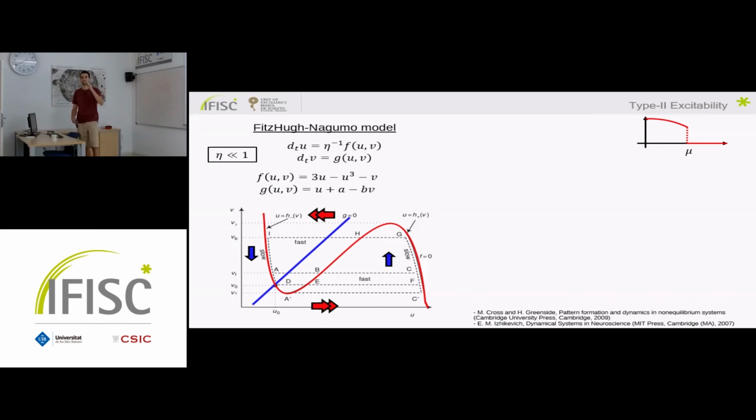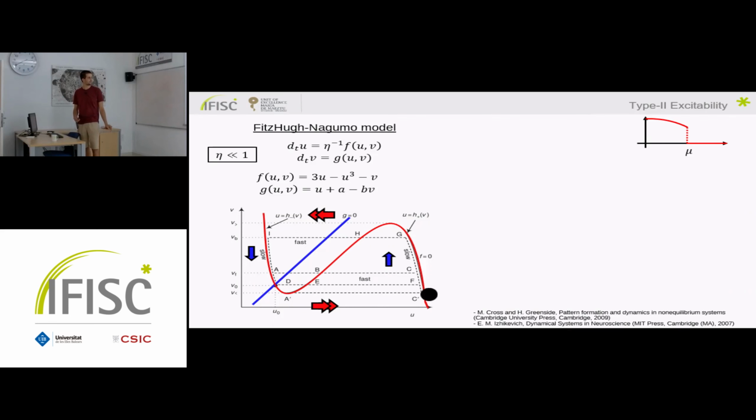And the point where these two curves meet is a point where nothing changes. So we have a fixed point. This fixed point is stable. It is the rest state I told you about before in an excitable system. So if we make a small perturbation, well, a large enough perturbation of this point to go to the excitable trajectory, like this one, what we have when crossing this minimum is this very fast dynamics to the right.